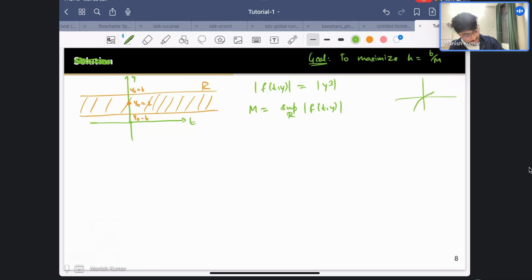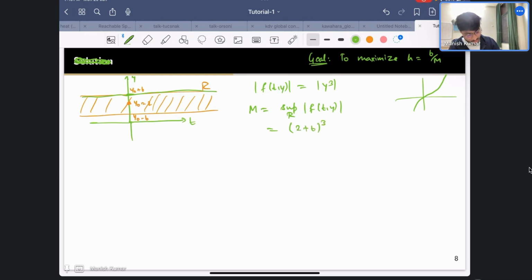So the maximum will be attained at the boundary point, when y is on this line. So the maximum value is y0 plus b, so 2 plus b whole cube, right? This is the value of m.